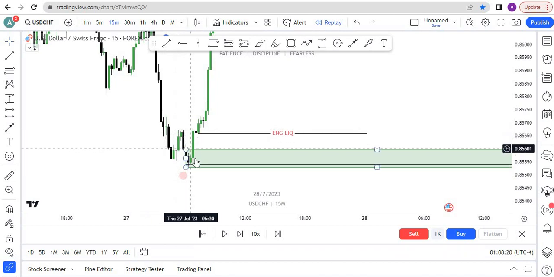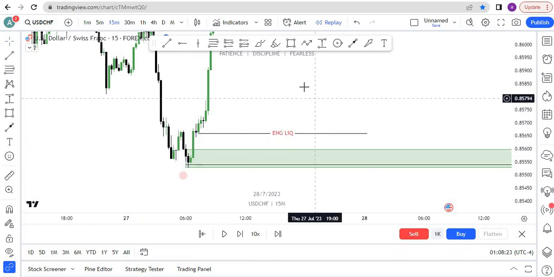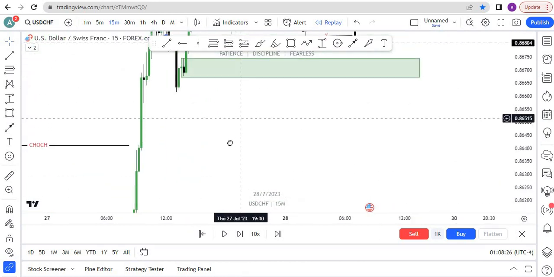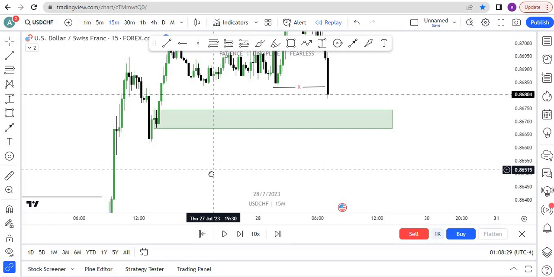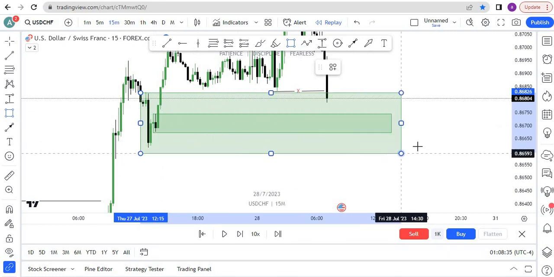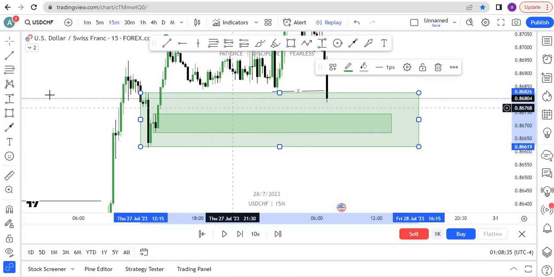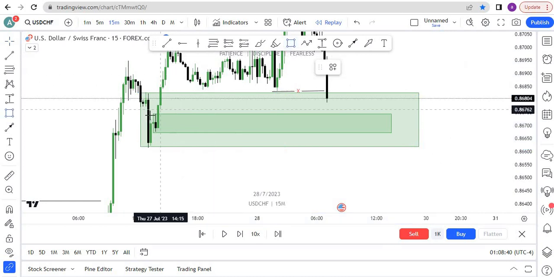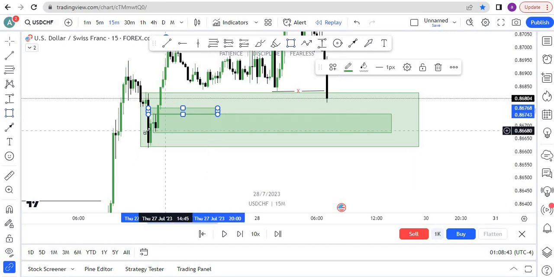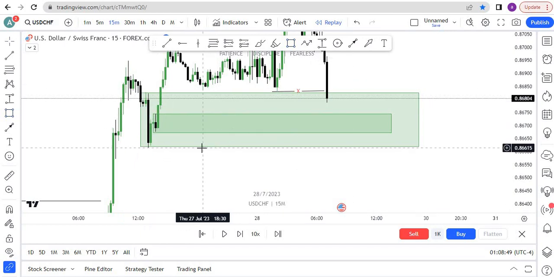We found the first order block with a fair value gap, but it's mitigated by this black candle because price came down and mitigated that order flow. Let's go to the upside and we find this order flow. In it we also found an FVG, and with the FVG we have an order block as well, right?